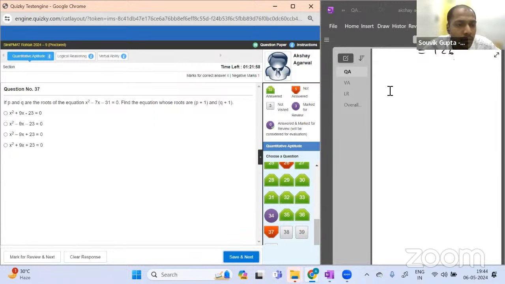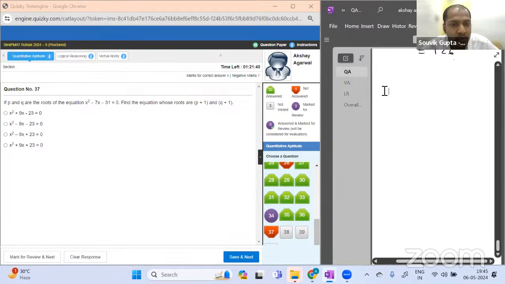If P and Q are the roots of the equation x square minus 7x minus 31, find the equation whose roots are P plus 1 and Q plus 1. I'll simply replace x with x minus 1.